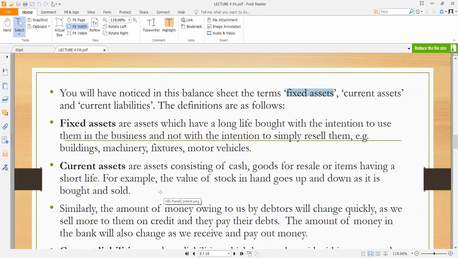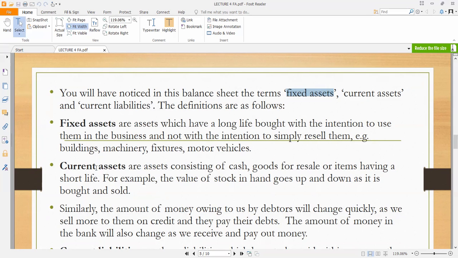When we talk about current assets, we're talking about something that can be easily converted into cash, something more liquid. But fixed assets are not liquid; they are in the form of buildings and machinery, among other things.